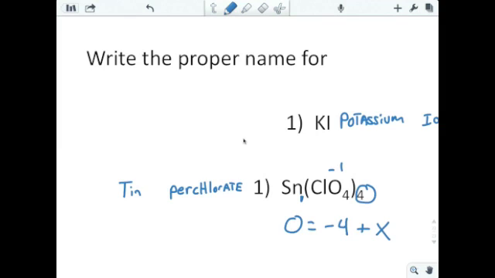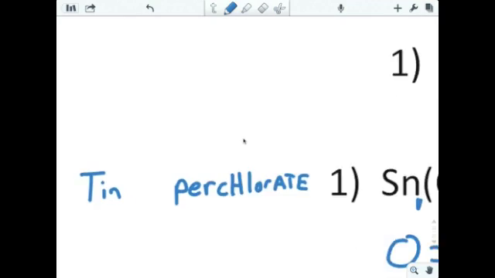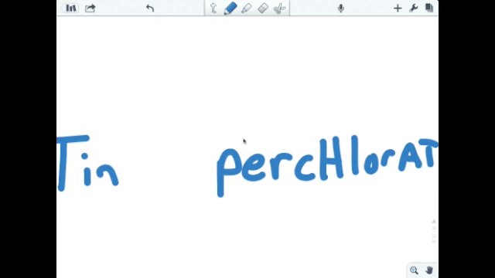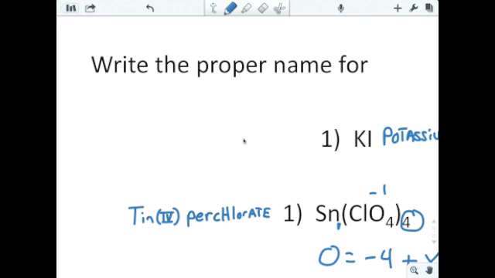So to solve for x, all we have to do is add 4 to both sides, and we get +4 equals x. And so what we do is we give the Roman numeral 4 to tin. Okay, so we get parentheses 4. So this becomes tin(IV) perchlorate.